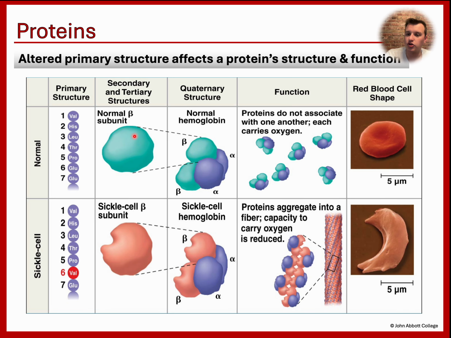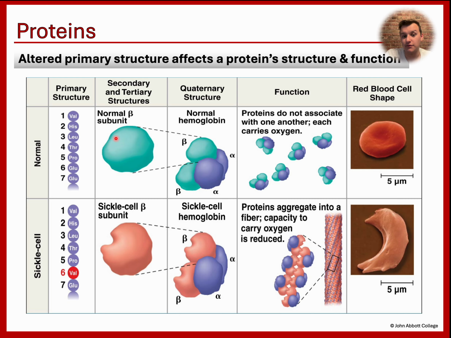Here, this is hemoglobin, okay? And hemoglobin carries oxygen, and the primary structure in the beginning is valine, histidine, leucine, threonine, proline, and so on. So this is the normal primary structure. It folds up and forms this secondary and tertiary structure that looks like this, a glob.